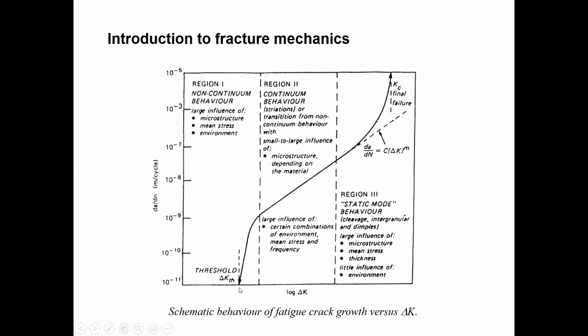But you can't get one single equation for the whole curve. Scientists have already derived the equation for the second region. So this equation is valid for this region: da/dN equals C times delta K to the power of m.